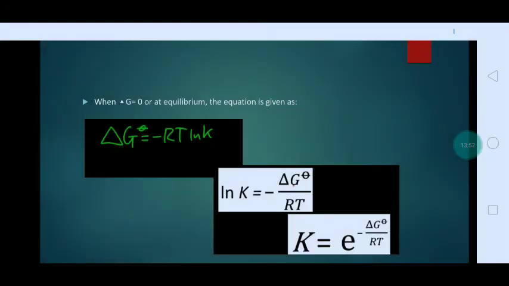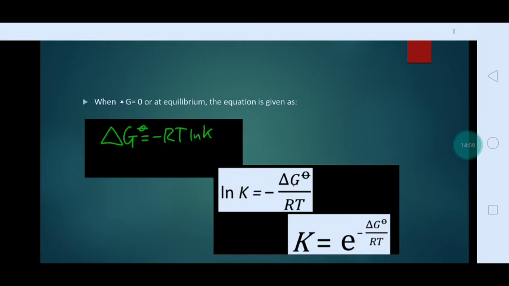Lastly, when delta G is equal to 0 or at equilibrium, the equation is given as delta G to the power of 0 equals negative RT ln K. So they rewrite the formula.